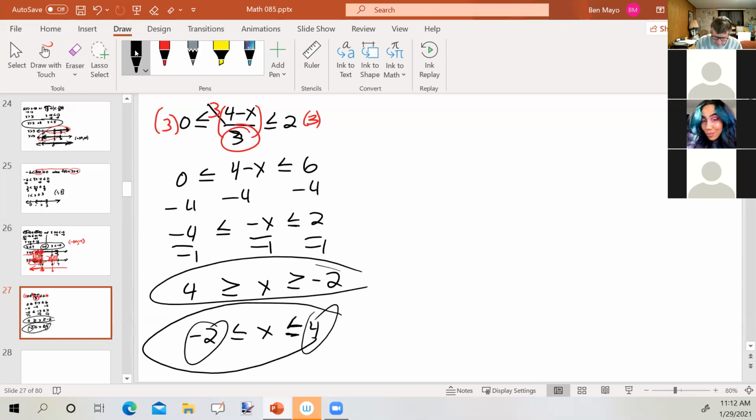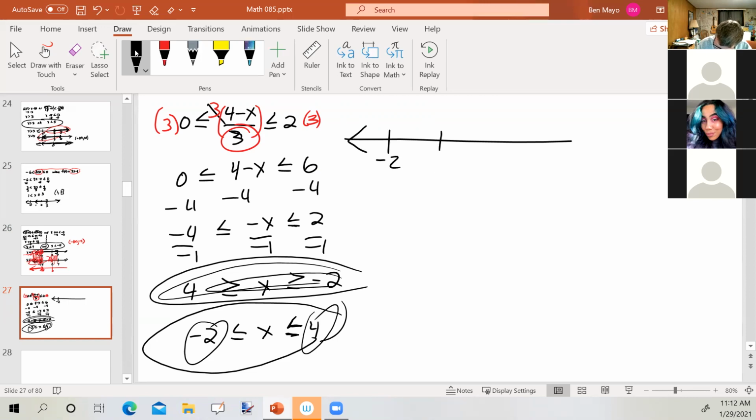So even though I got here, I wouldn't want to stop there. I'd want to go one step further. Graphing that, let's see here, we've got -2, 0, 4, bracket, filled in, bracket, interval notation would look like that.